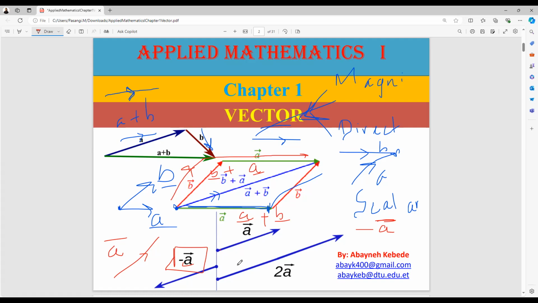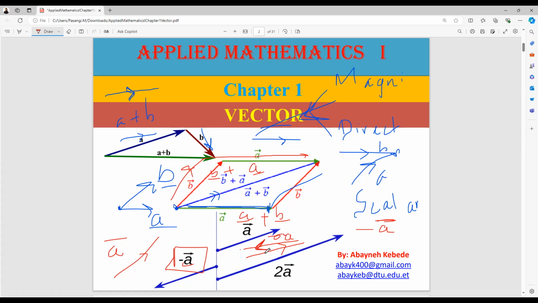What does that mean? That means the direction goes to the opposite. Is it clear what I'm saying? Yes. So if the vector A is like this, then the minus vector A has the same magnitude but opposite direction. That's how A and minus A work.